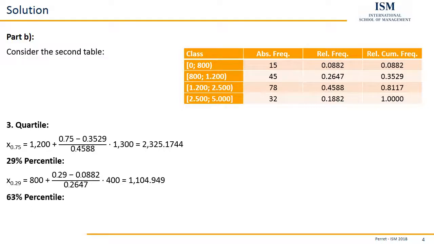So this leaves us with only one part to go. This is the 63rd percentile. Here we can see, as with the third quartile, we are in the third class, the class from 1200 to 2500.